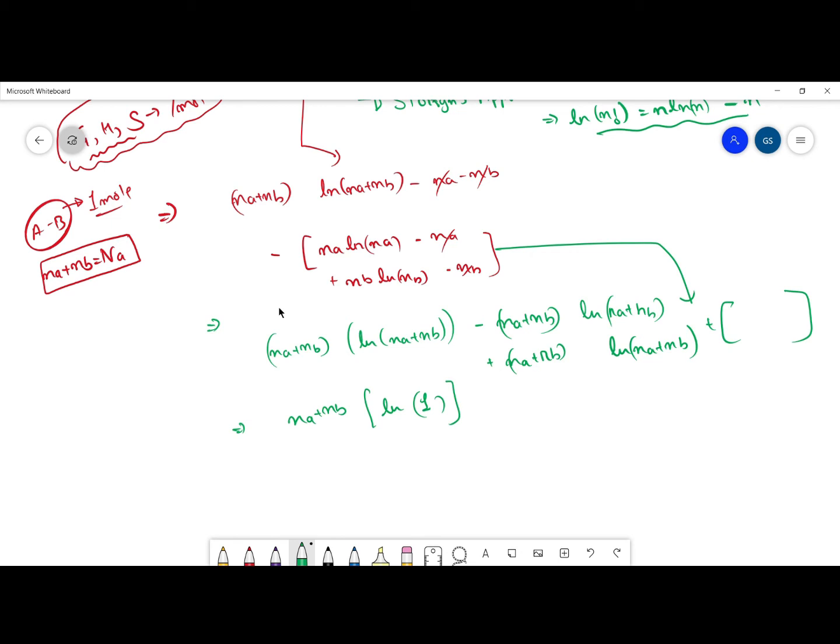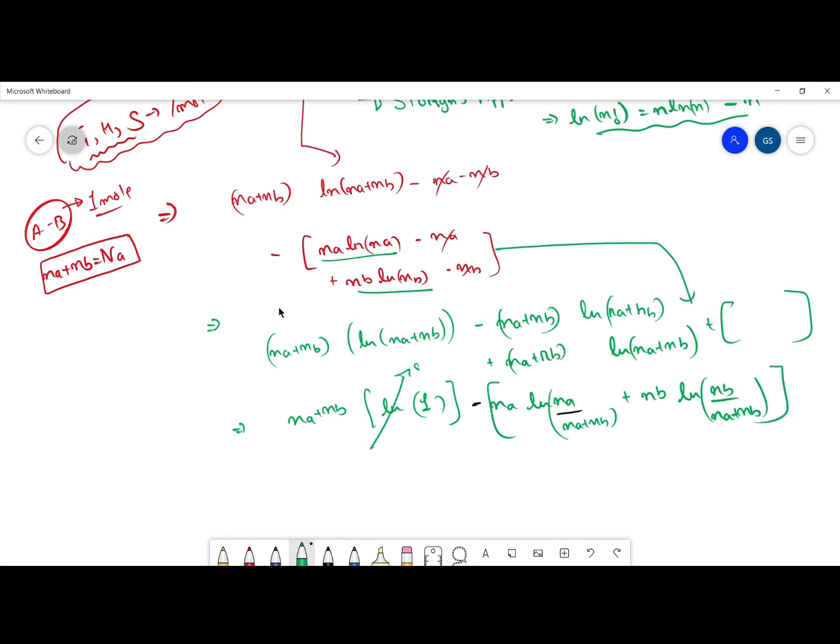Now let's take the Na part and combine it with this Na, and the Nb part with this Nb. So we'll get Na ln Na, this is minus, keep that in mind, divided by Na plus Nb, similarly plus Nb ln Nb divided by Na plus Nb.